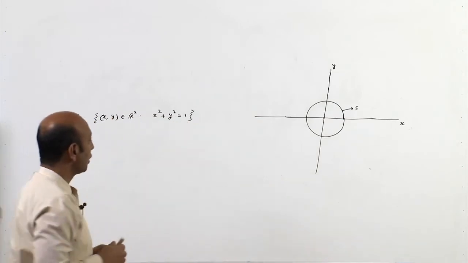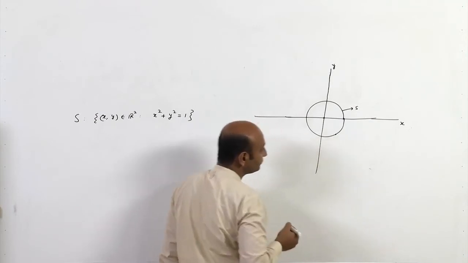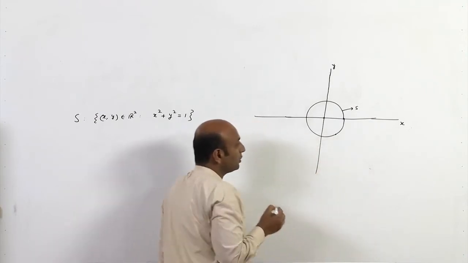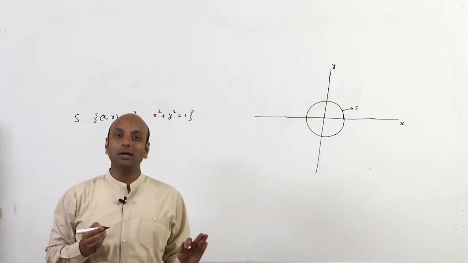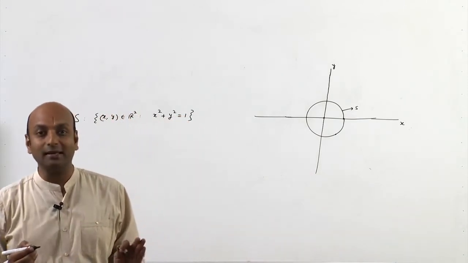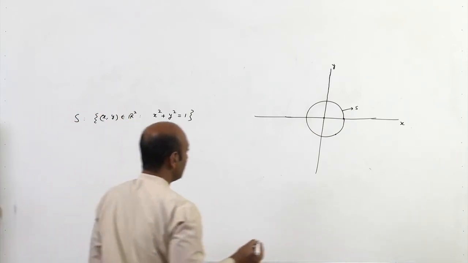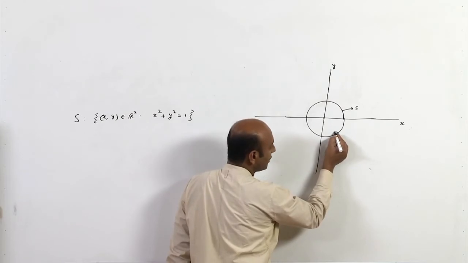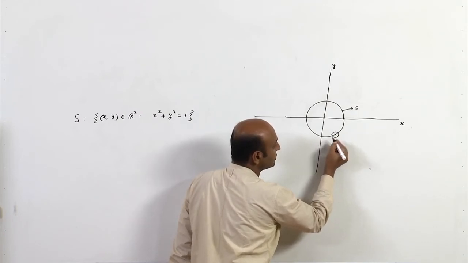Now, you take any point on the boundary of S, say a point here. You take any disk, no matter how small or how large the radius, centered at this point. You will always find some points outside this region and you will always find some points on the region.